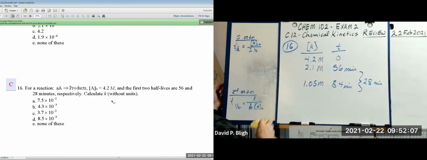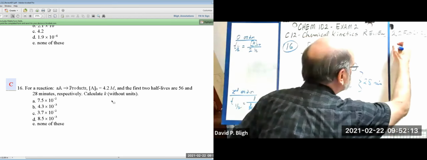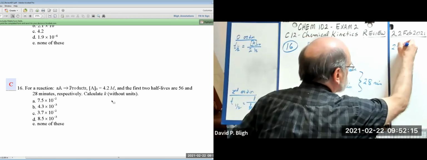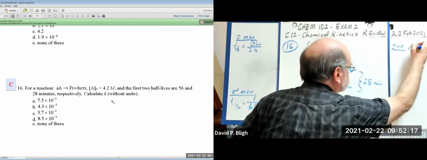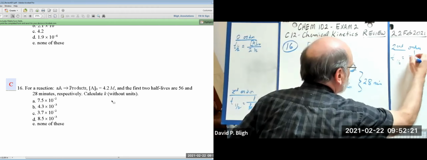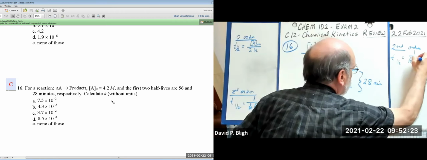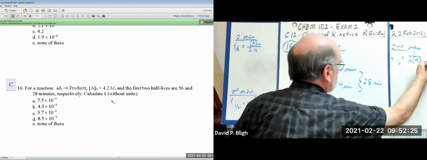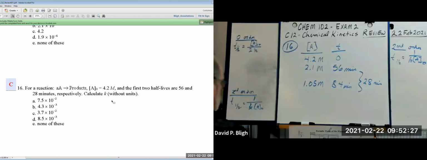All right, so let's put second order over here, so we can do some calculations. So T1/2 then is equal to 1 over K times A0. There we go.